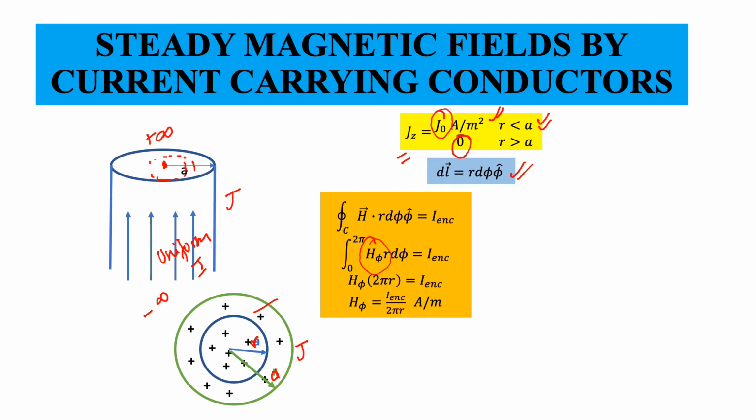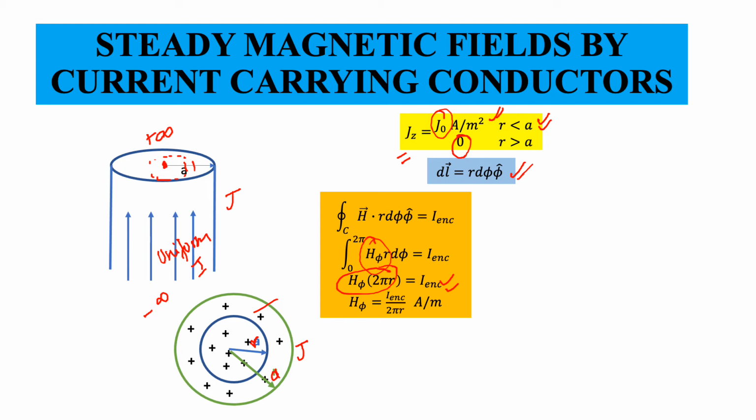The left hand side would not change. So you still have H phi into 2 pi r, but this should be equal to the total current that is enclosed. Now what current is enclosed?